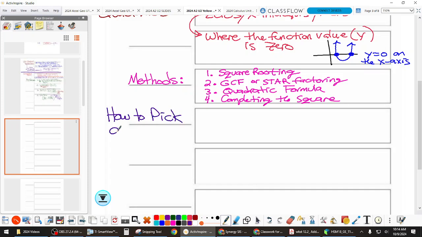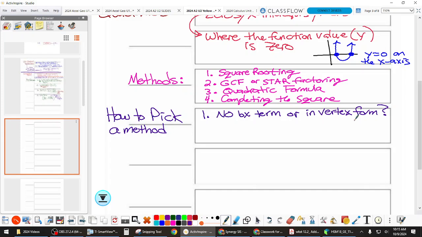How to pick a method. I want you to ask this question every time first. Is there no bx term, or is it in vertex form?